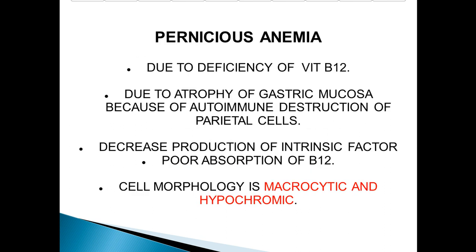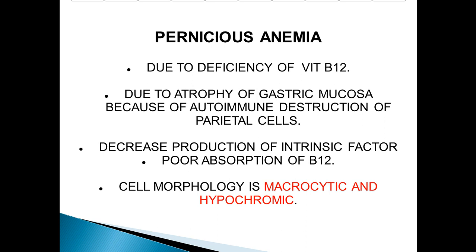Pernicious anemia is due to deficiency of vitamin B12, due to atrophy of gastric mucosa, because of autoimmune destruction of parietal cells. The parietal cells actually release the intrinsic factor, but when there is destruction of parietal cells, there is less production of intrinsic factor. This intrinsic factor is important in the absorption of vitamin B12.